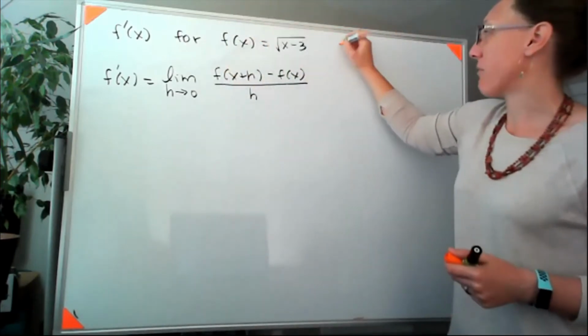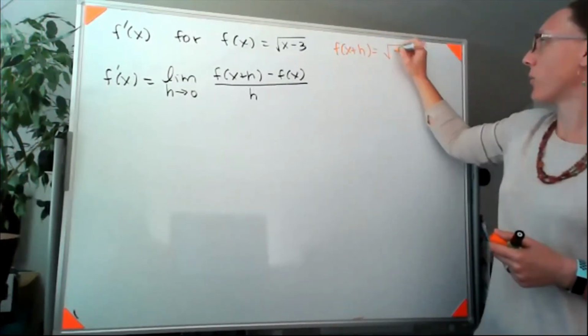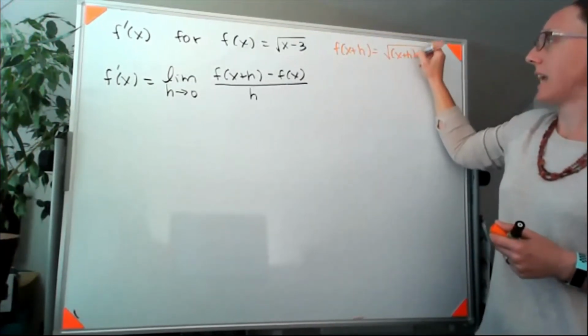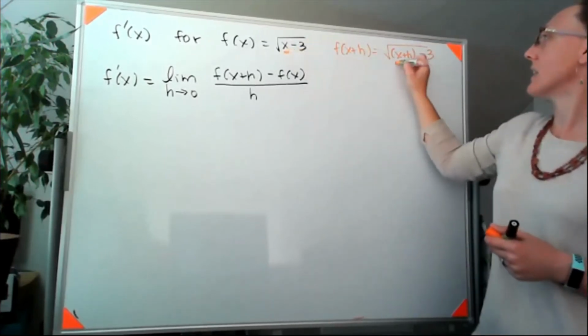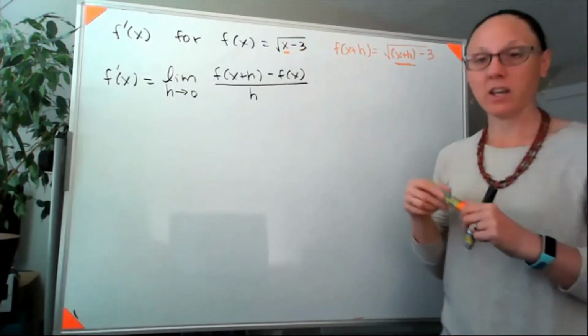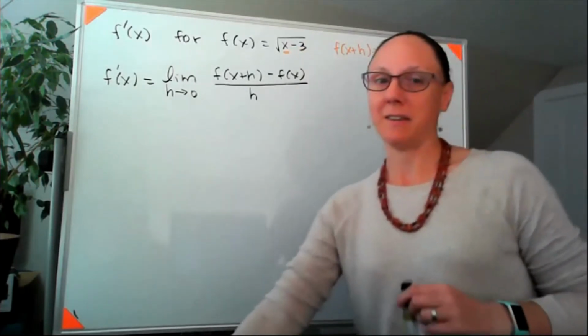Well, that means f of x plus h is the square root of x plus h minus 3, because I'm replacing the x with x plus h. It doesn't need to be in parentheses. I just put it in parentheses.